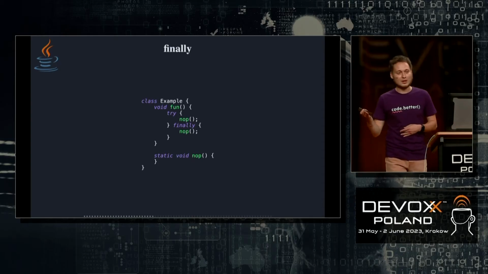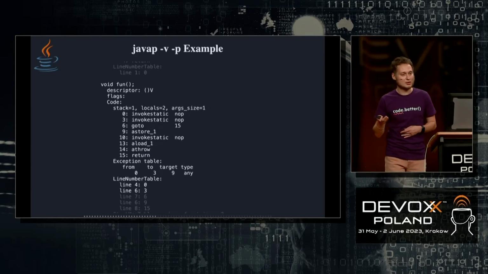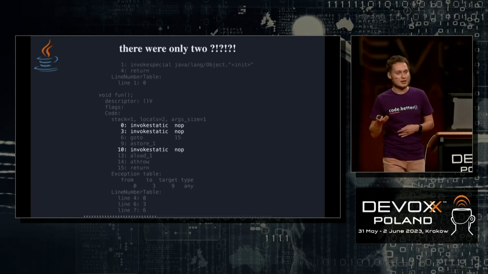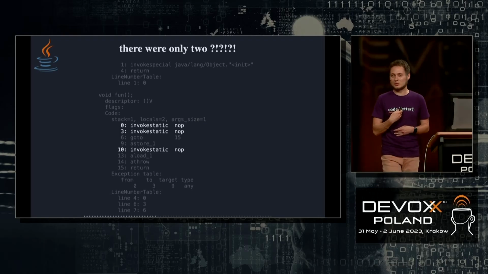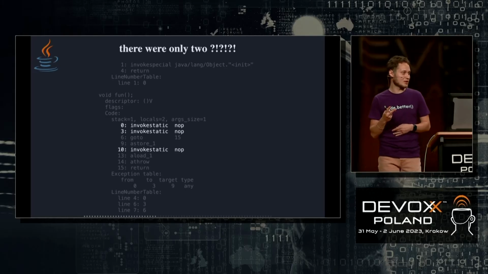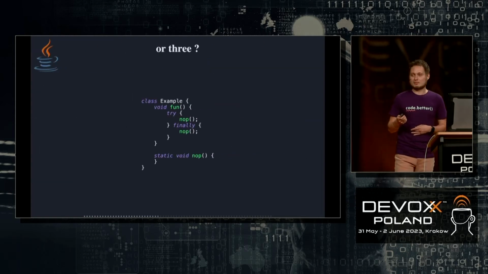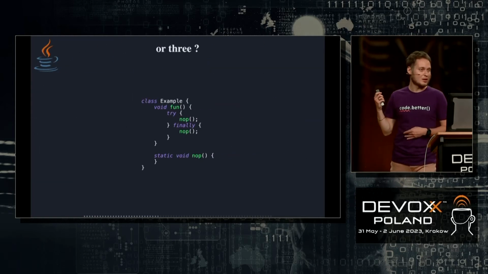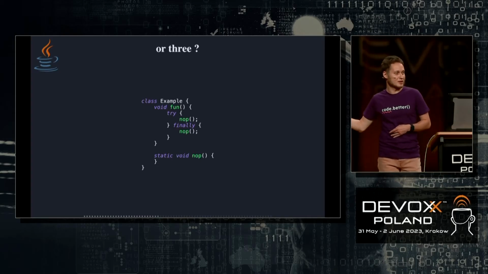Simple. What do we expect to see in the compiled code? Let's have a look. Normally I would expect to see just two invocations of the method nop. But in the bytecode, we get three. Or did we actually have three nops here? Let's count. 1, 2, 3.